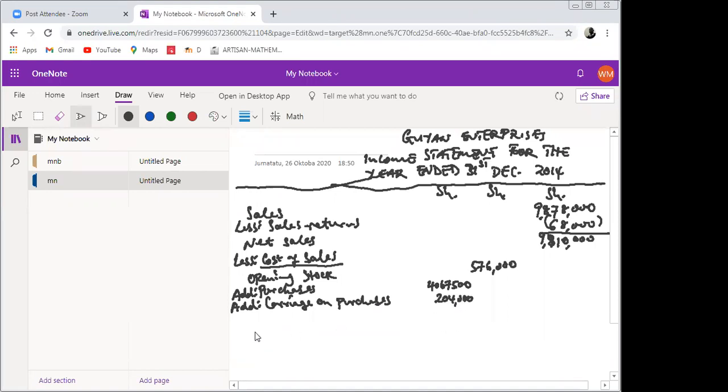Okay. Then we less purchases returns. Purchases returns now is going to be on the credit side. Purchases is on the debit, purchases returns on the credit side. So you less it, it is 50,000. You put it in bracket because you are subtracting.